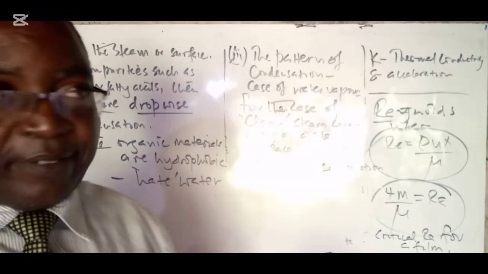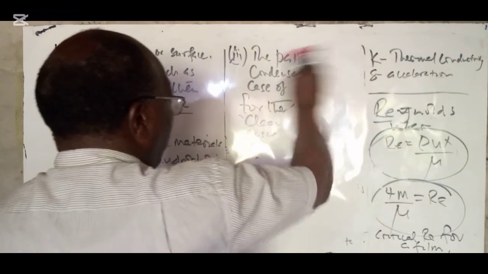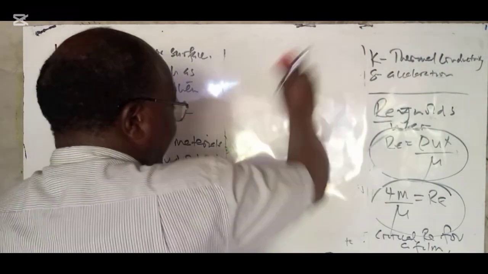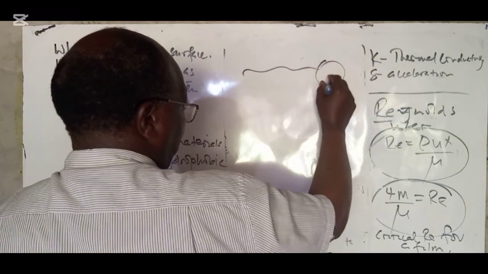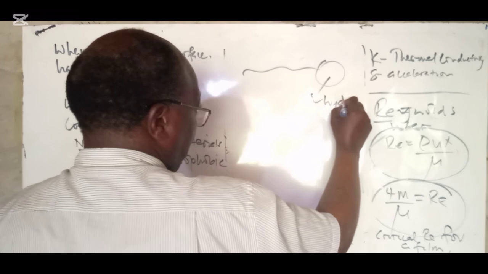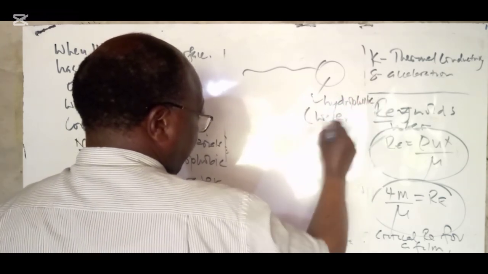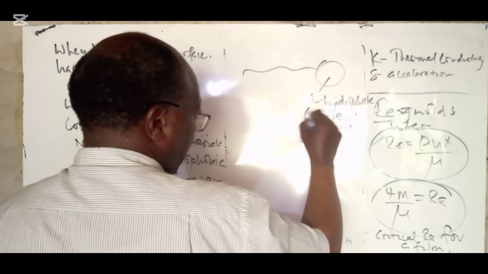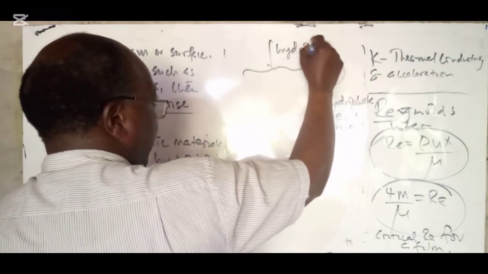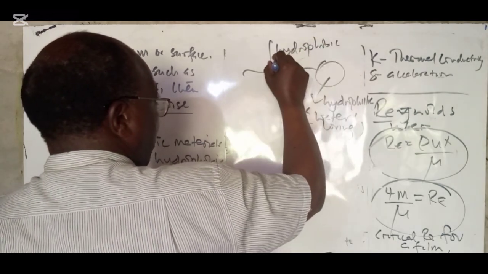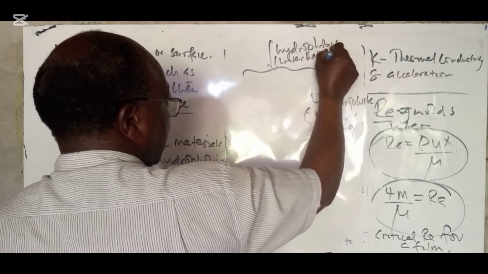So you don't expect that uniformity associated with a film. In other words, if you take that impurity, it has a hydrophilic end, this is the water-loving end, and it has a hydrophobic tail, that's water hating.